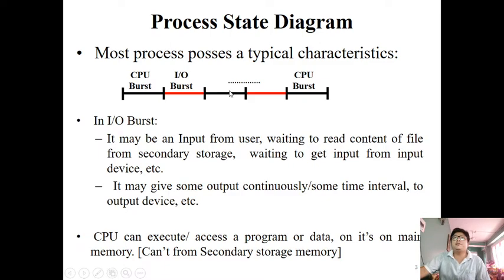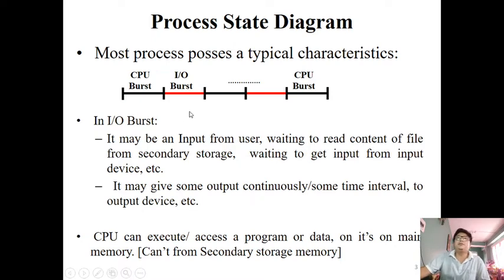After that, it may be in any random combination of CPU burst and IO burst. CPU burst means it uses the CPU as the resource for doing some task, and IO burst means that during this time frame, it is using some IO resources like a printer, monitor, or keyboard, etc.